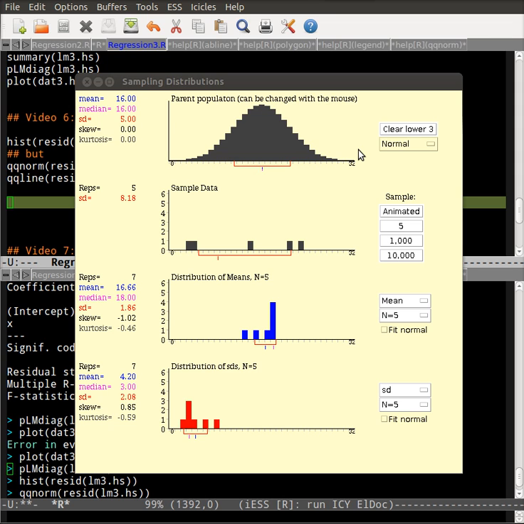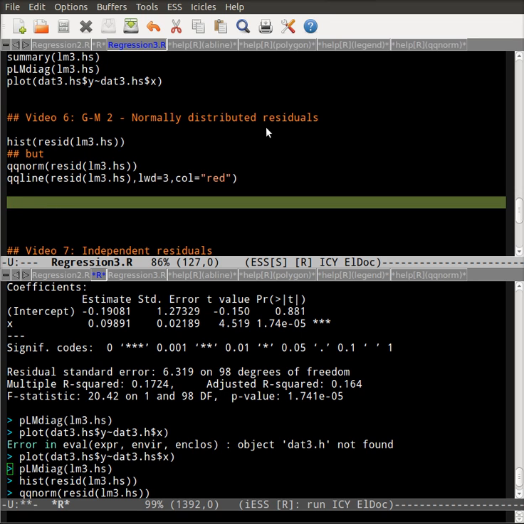That's the reason why we do two-tailed tests, because it could go in either direction, and we assume there is an equal probability and an equal distribution of errors on both sides. The failure to meet the normal distribution of residuals doesn't affect our parameter estimate per se. It affects our inferences of that parameter estimate.